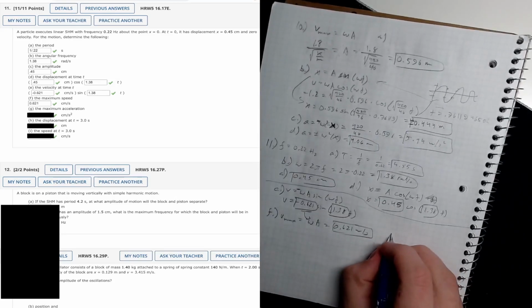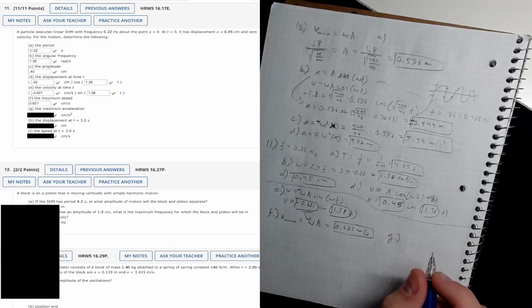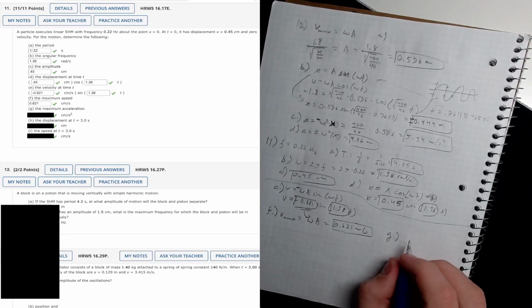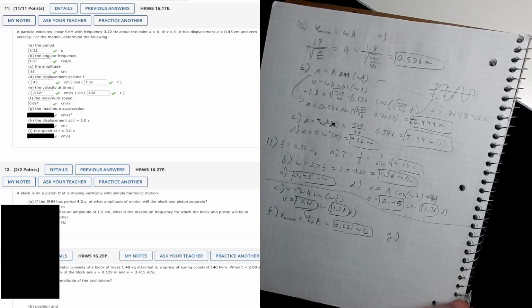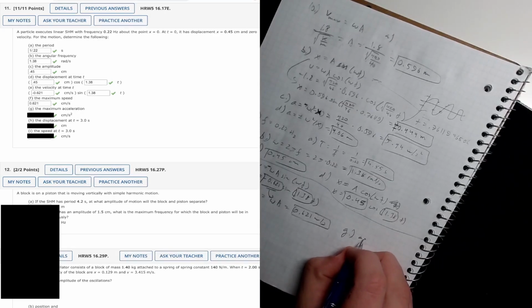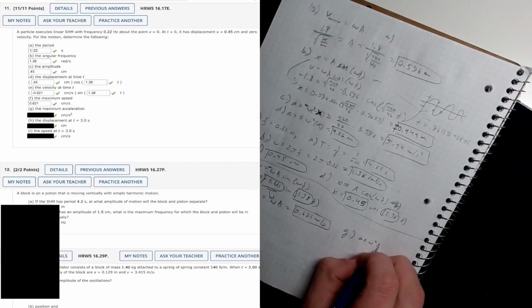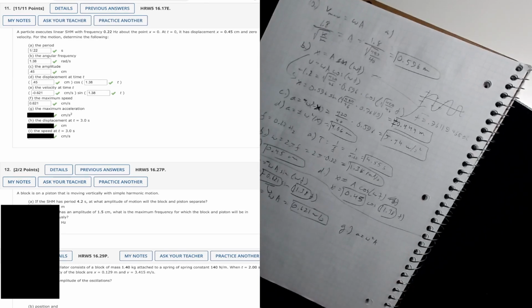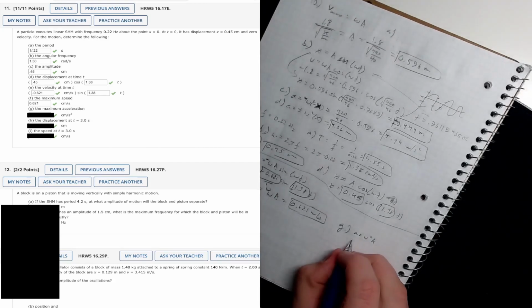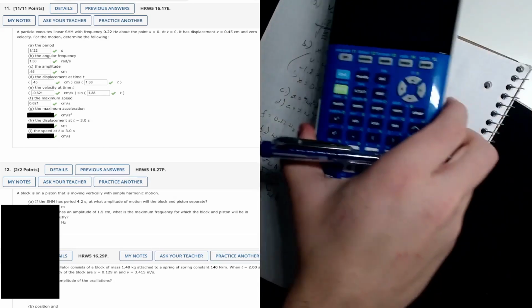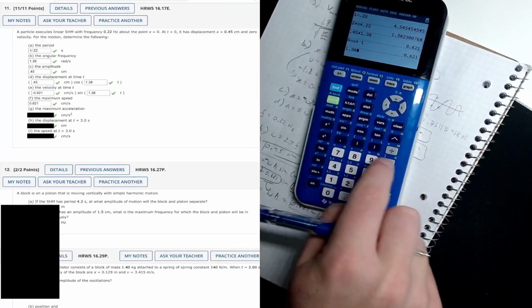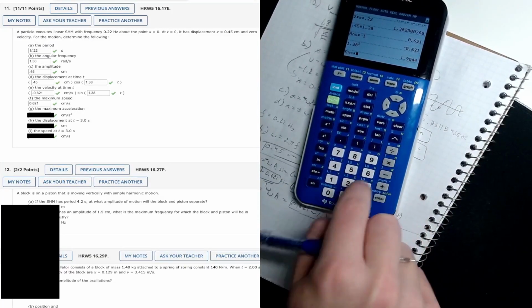Now into part G. Maximum acceleration, a max, is w squared A. Yeah, that's going to be the maximum acceleration. w squared A equals 1.38 squared times 0.45.